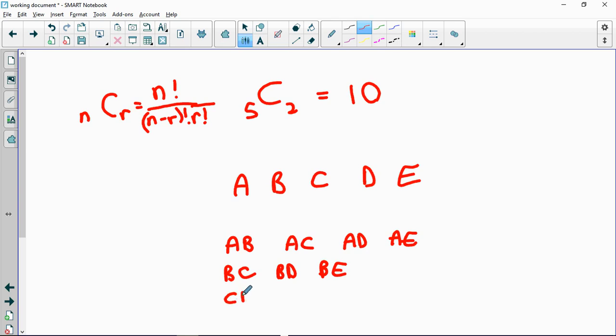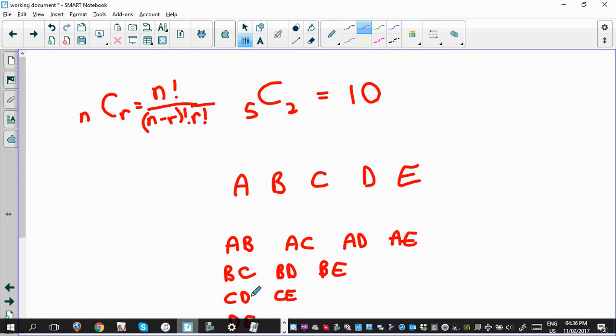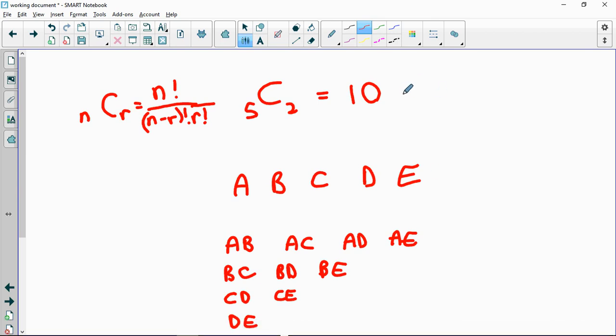I could take C with D, and C with E, and lastly D with E. If we add these up, we get 4, 7, 9, 10. There are 10 ways in which I can take 2 objects from 5 objects if I'm not concerned with the order in which I select them.